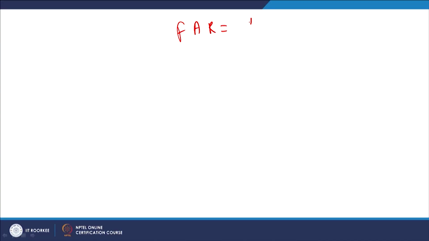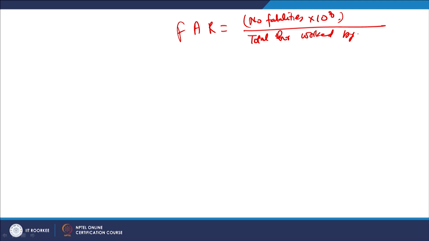FAR is equal to the number of fatalities into 10 to the power 8, divided by the total number of hours worked by all employees covered.